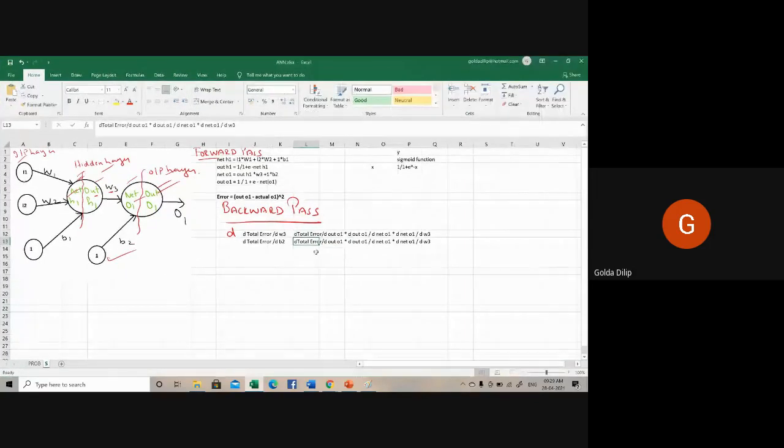So what are the changes I need to make? This is correct. Then out O1 gets influenced by net O1. Then what is the change which I have to make? This will become bias 2, right? Fine. So this is the next one with respect to my chain rule.